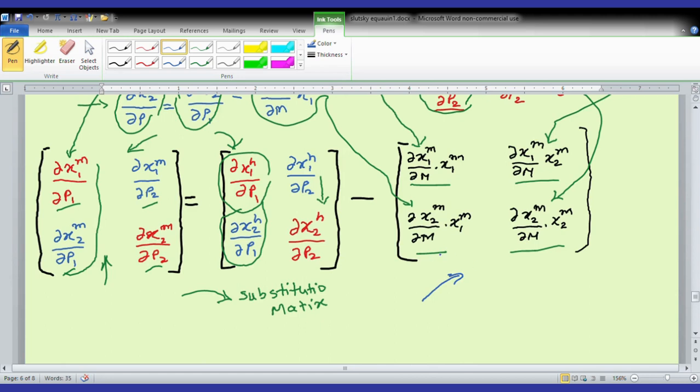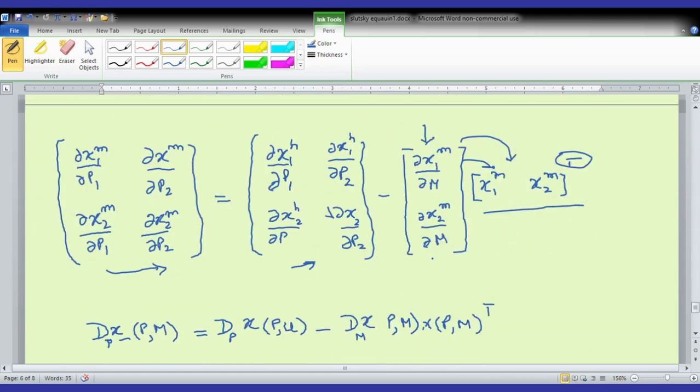So this is another way of writing it, and we want to do it because we wanted to put it in a more compact form, and this is something that we have done here in the last equation.